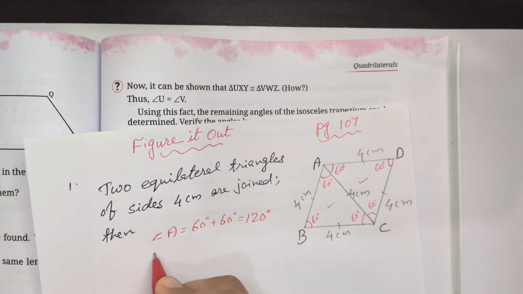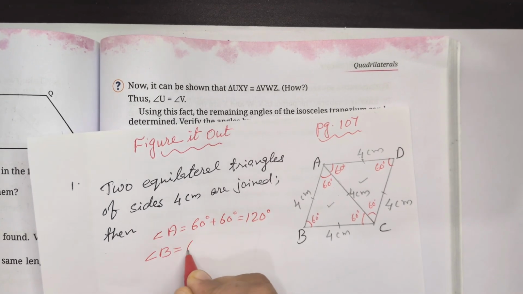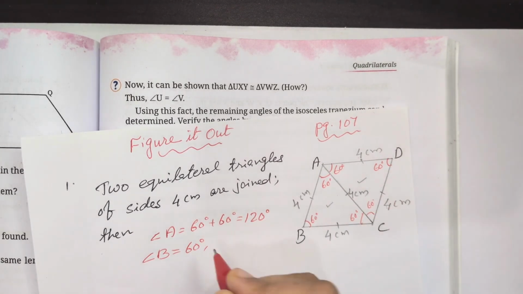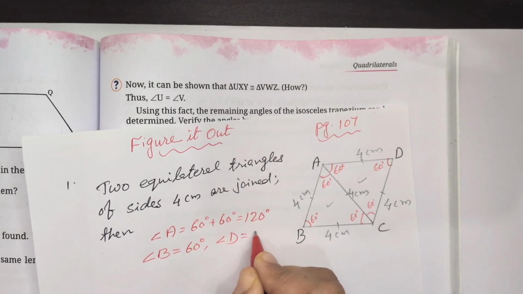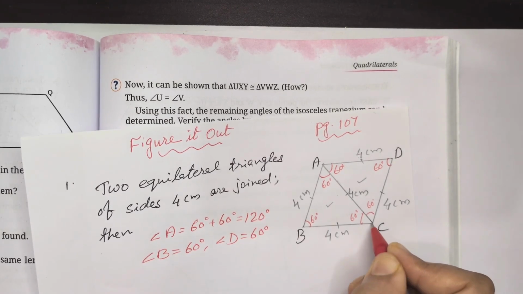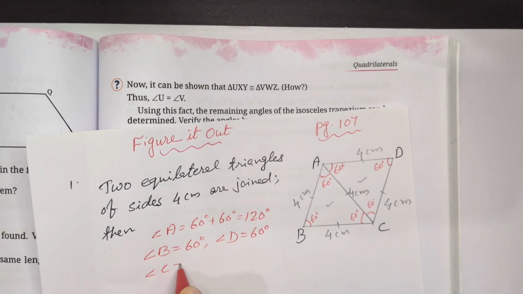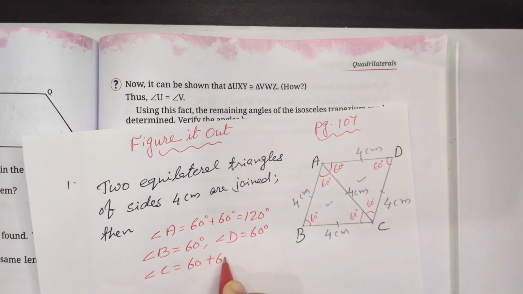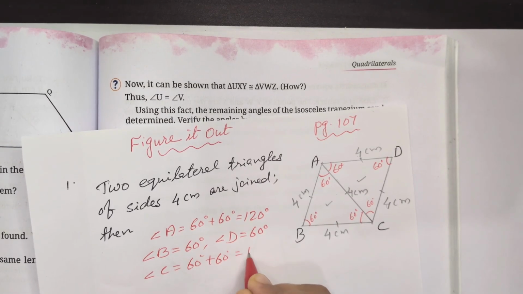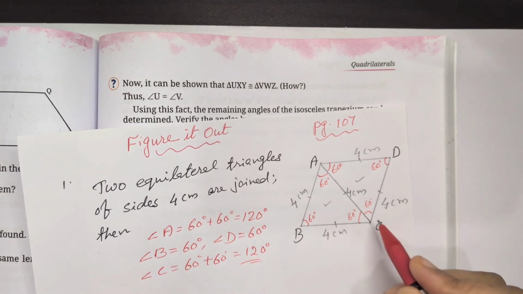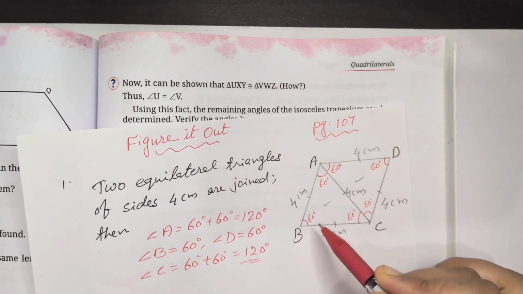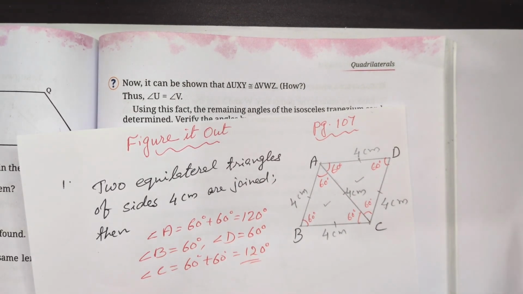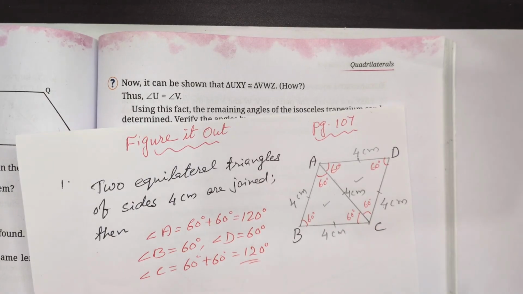Angle B is 60 degree. Angle D is also 60 degree. Angle C again is 60 plus 60, that will be 120 degree. So these are all the angles of this quadrilateral ABCD, and all sides are also marked with 4 centimeter.